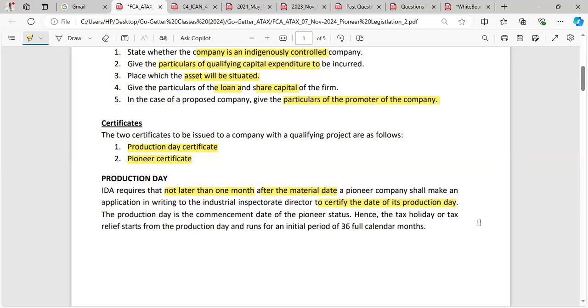Okay, it says that no later than 1 month. What does it mean? It means not more than 1 month after the material date.